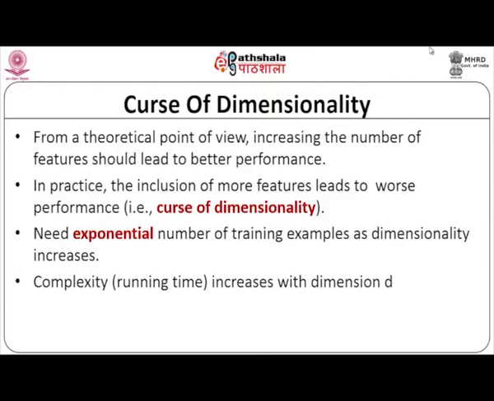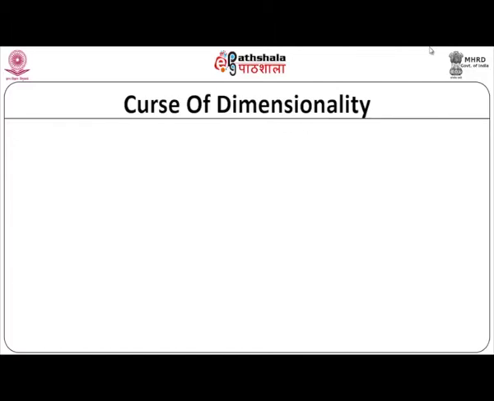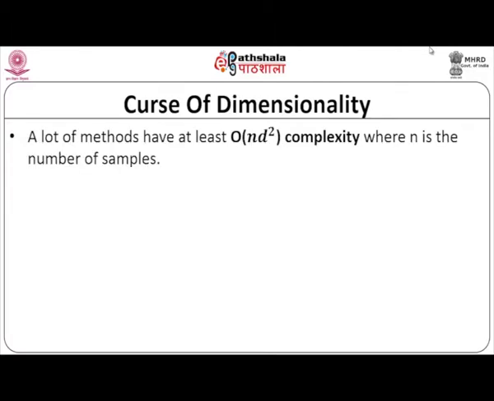Obviously, as you have more features and the dimensionality increases, the time complexity of the system also increases. That is the normal problem. A lot of methods have at least of the order of n d squared complexity, where n is the number of samples and d is the dimensionality of the problem, or the number of features.